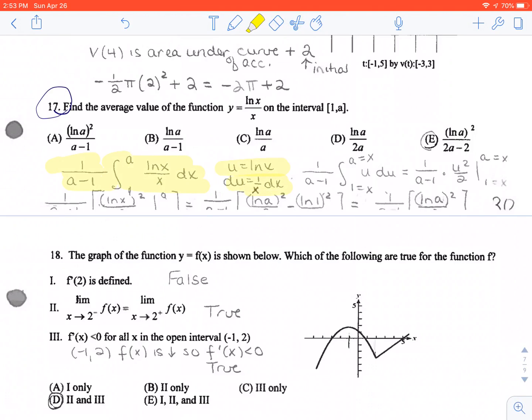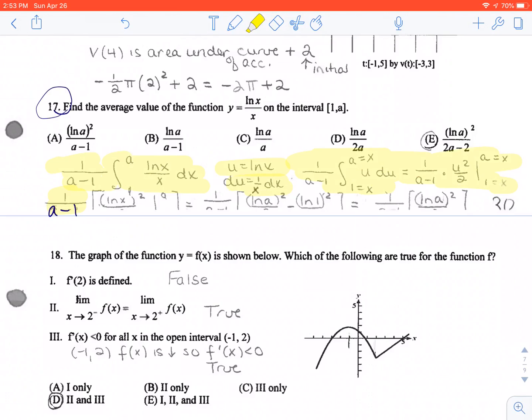If u is ln of x, its derivative, 1 over x dx, is sitting right there. So we have 1 over a minus 1, which kind of fell off the page. We're integrating u, so I went through and did that. And then I'm plugging in the limits of integration.